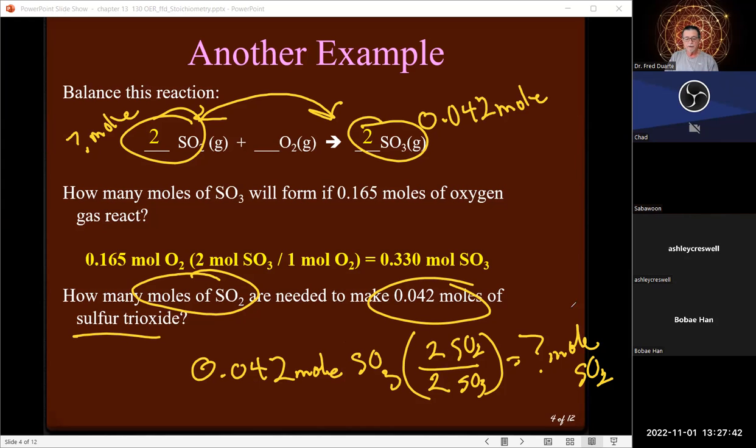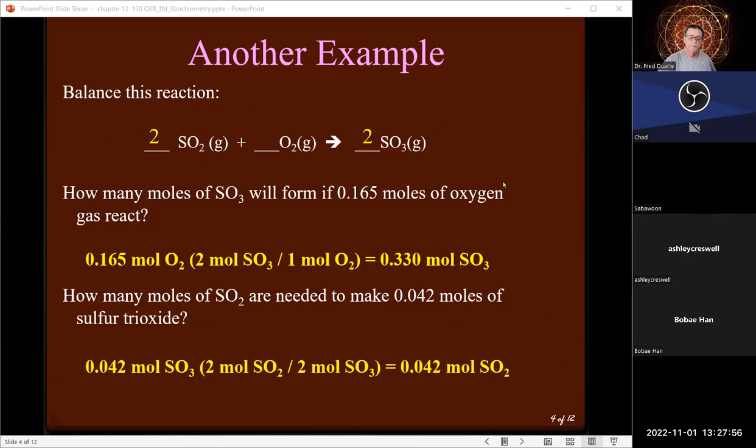Because the 2's cancel out. And so we're going to need 0.042 moles of sulfur dioxide. Same amount. Okay. Check again, make sure your units cancel out properly, leaving us SO2, which is what we're looking for. And the rest is up to you as far as plugging the right number into the calculator.